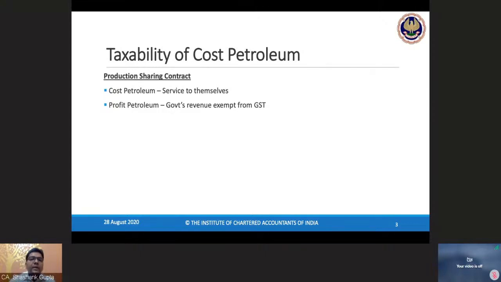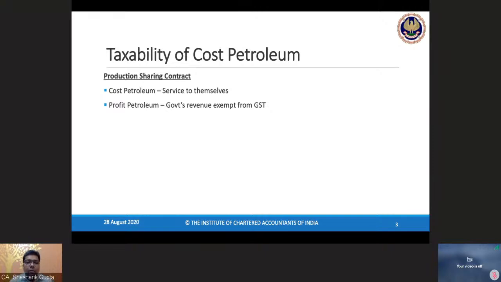There is a certain fee against that license. We are not talking about that. The question here was whether the revenue earned by such a petroleum company, which is first attributed towards their cost, will such attribution be liable to GST?